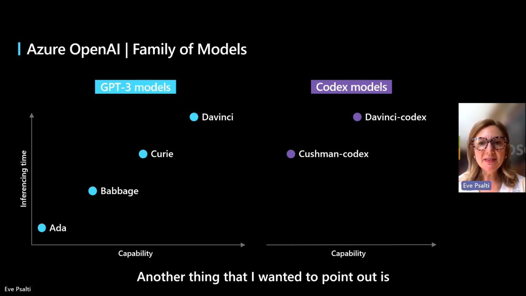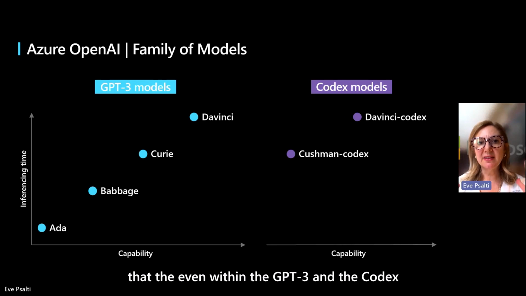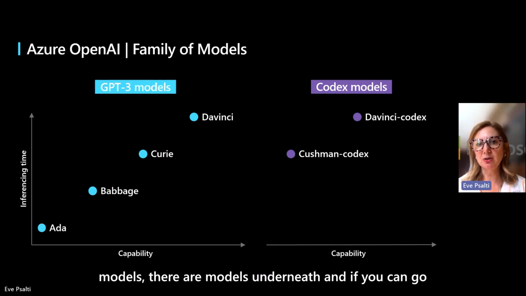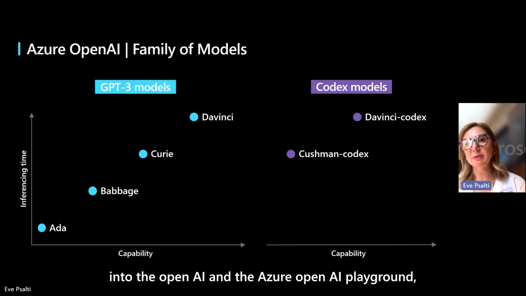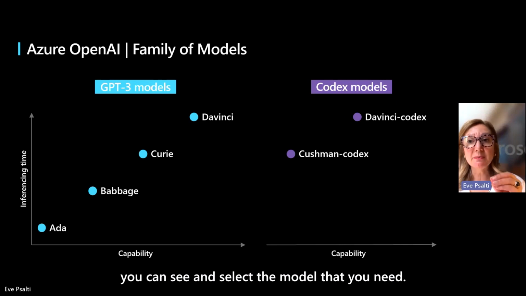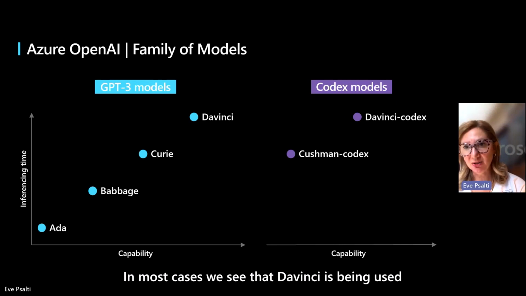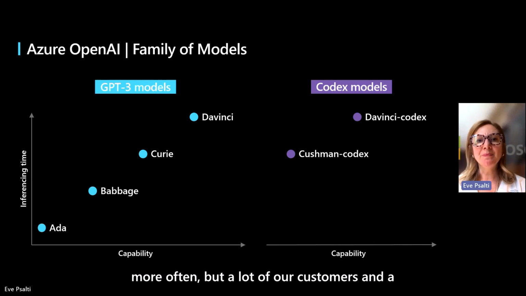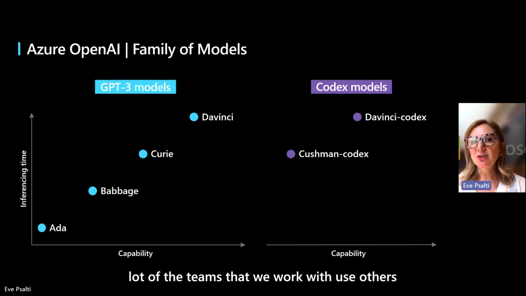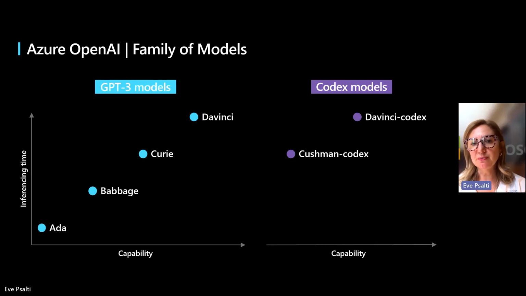Another thing that I wanted to point out is that even within the GPT-3 and the Codex models, there are models underneath. If you go into the OpenAI and the Azure OpenAI playground, you can see and select the model that you need. In most cases, we see the DaVinci being used more often, but a lot of our customers and a lot of the teams that we work with use others like Curie or Cushman.